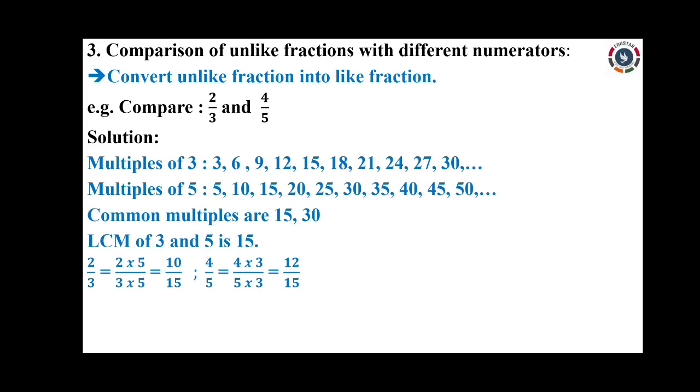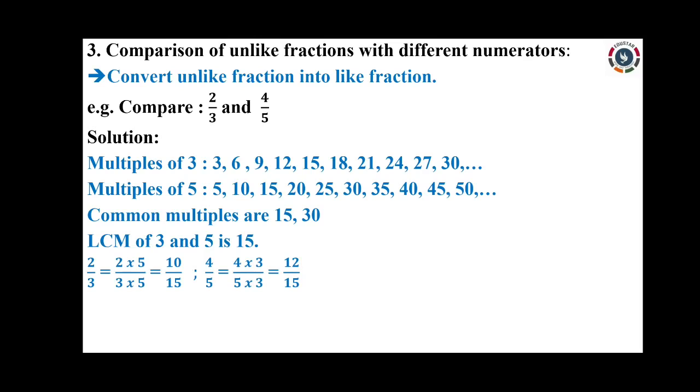How are we going to do this? Take the fraction 2 by 3. Here the denominator is 3. We have to convert the denominator 3 into 15. How can we convert? With 3, if we multiply 5, we can get 15.